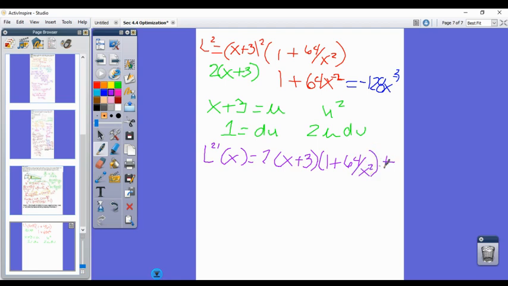I'm going to add that with my original first, x plus 3 squared, times the derivative of the second, which is negative 128 x to the negative 3. Let's write this out a little bit nicer.